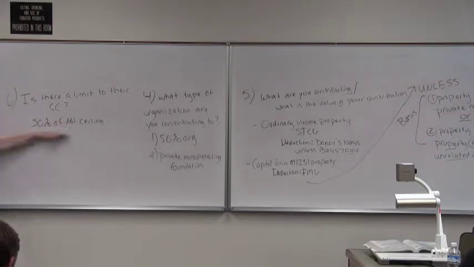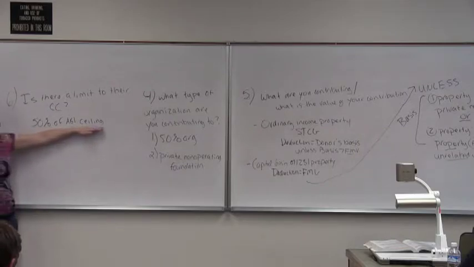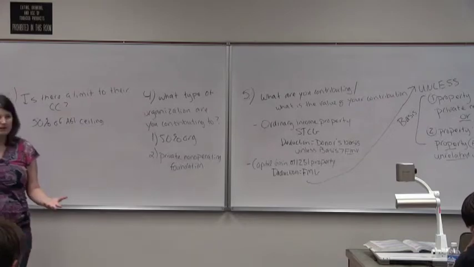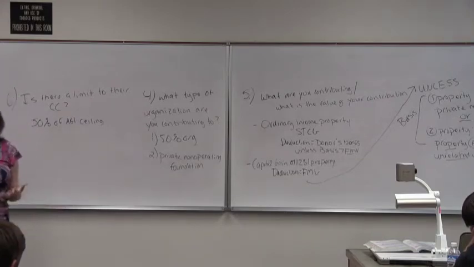So this is a ceiling, not a floor, like the 10% of medical expenses or the 2% of itemized deductions. Charitable contributions work differently, so don't get confused on how those are calculated. This is a ceiling.